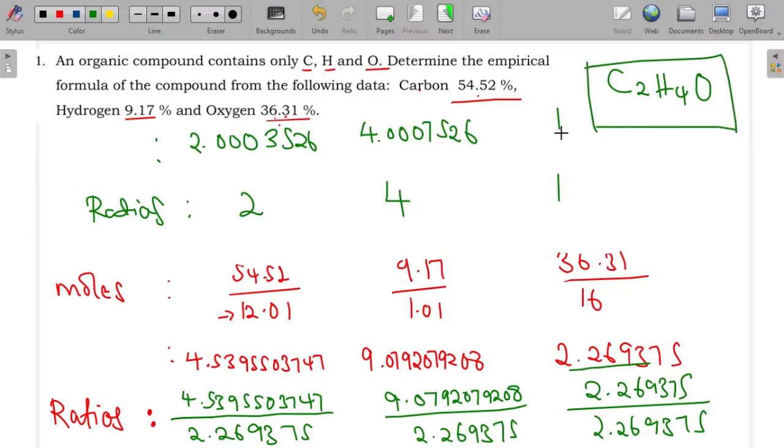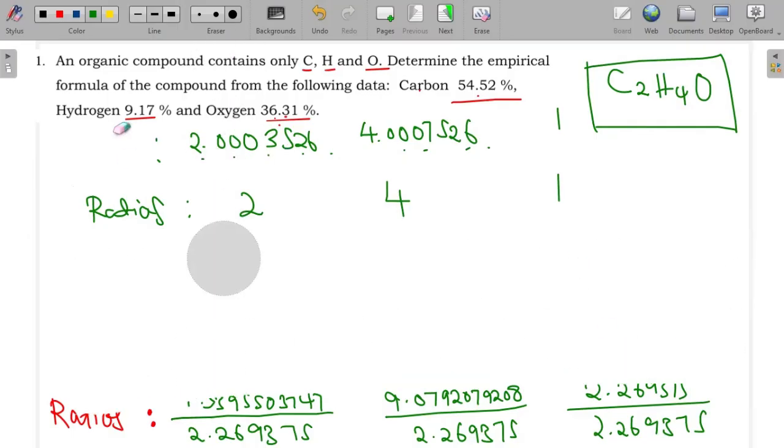Our empirical formula. So there's a trick that they like doing on the rounding off here. You can only round off a number when you're dealing with these empirical formulas, if that number is less than x.2 or greater than x.8.